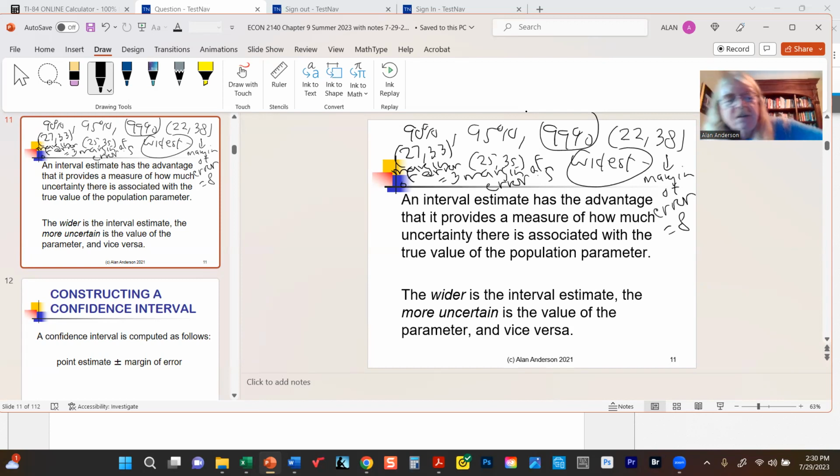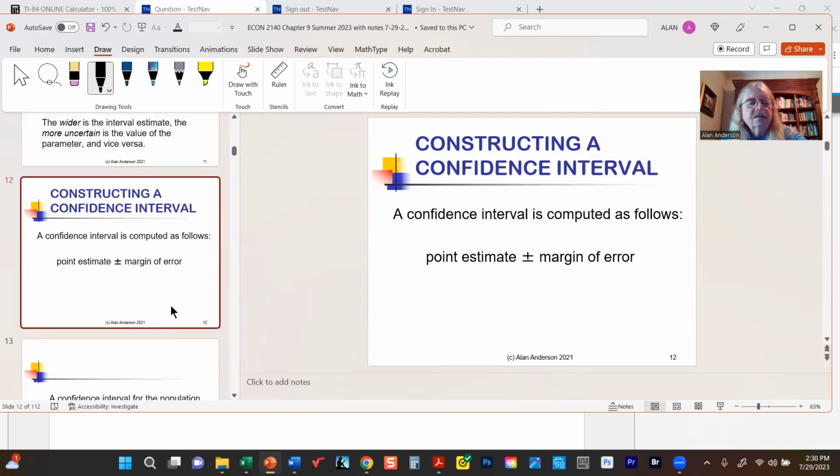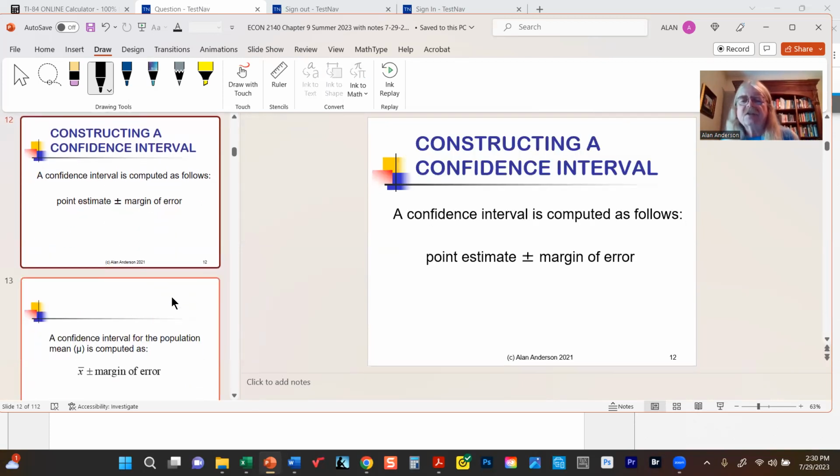Okay, so in general, a confidence interval is constructed by simply taking a point estimate such as X bar and then adding and subtracting what we will call our margin of error. We've already discussed the margin of error. This is the measure of uncertainty.